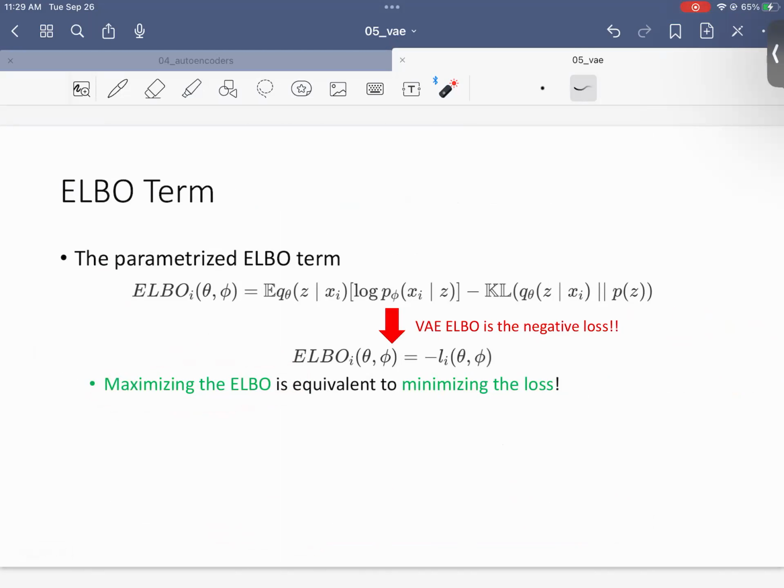So those two are the same thing. So when training VAE by minimizing the loss, from a probability perspective, we are maximizing the ELBO. So that's the beauty of VAE.